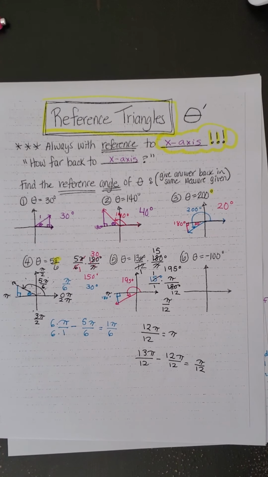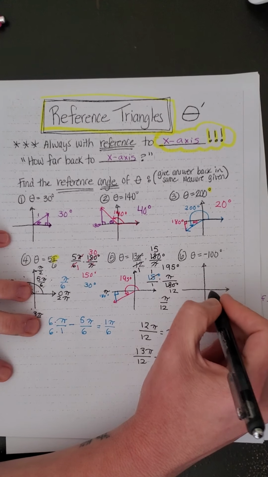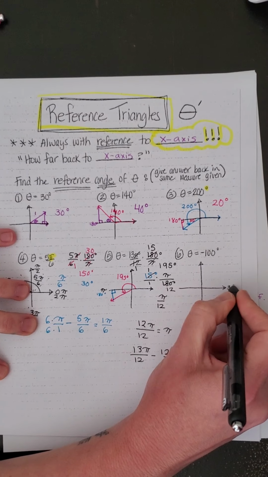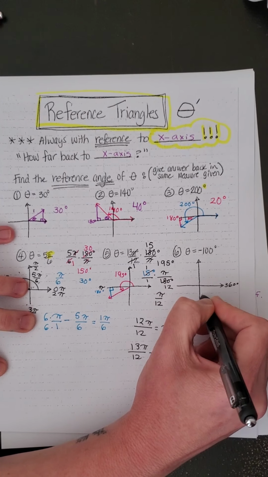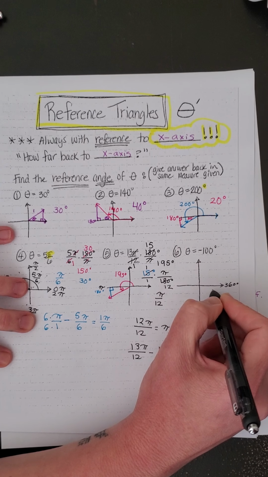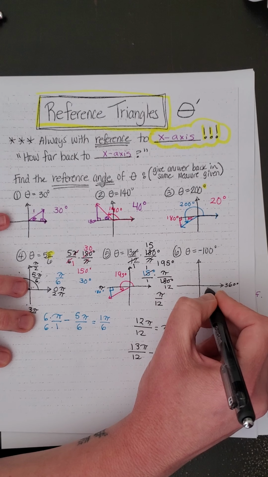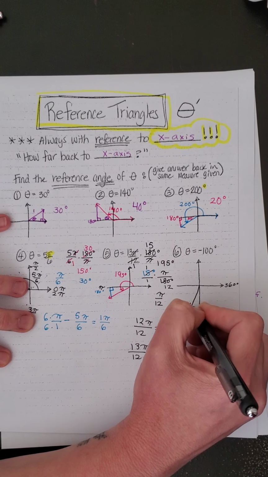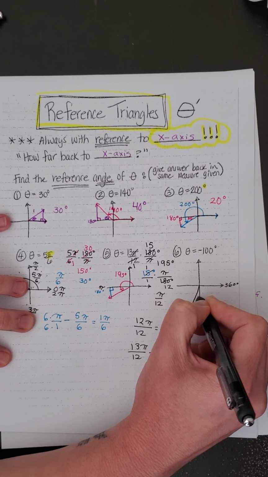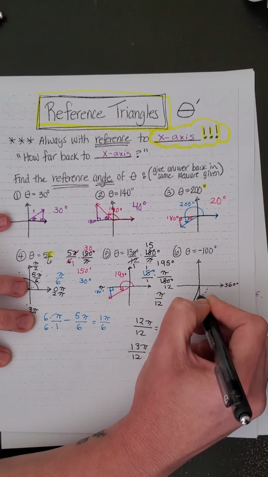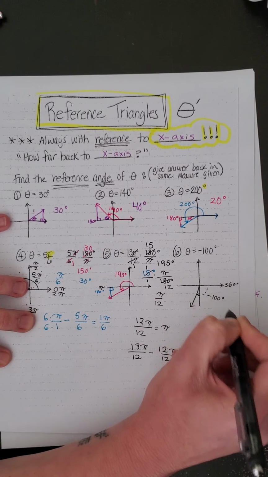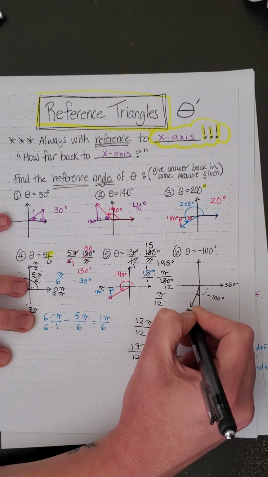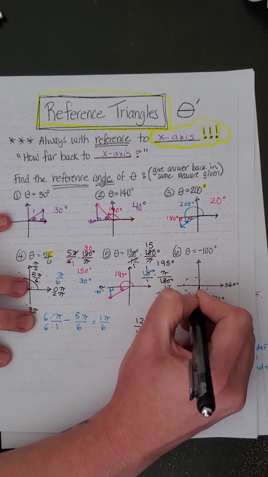All right, negative 100 degrees. So moving backwards 100 degrees, if I'm at 360 and I move backward 100 degrees, I would be at positive 260, which would be about right here. Here's 90 degrees backwards, here's negative 100. So this would be negative 100 degrees, or that would be the same thing as positive 260.